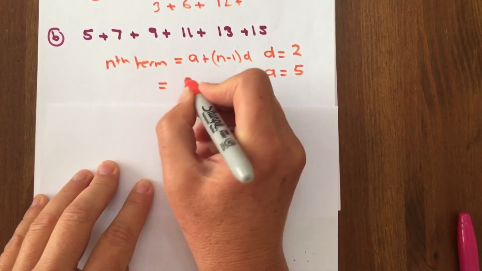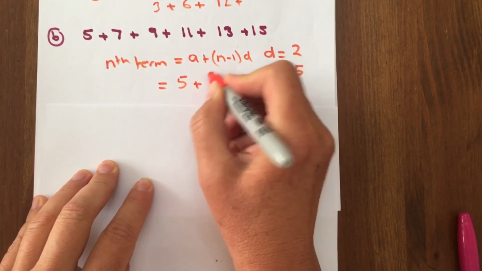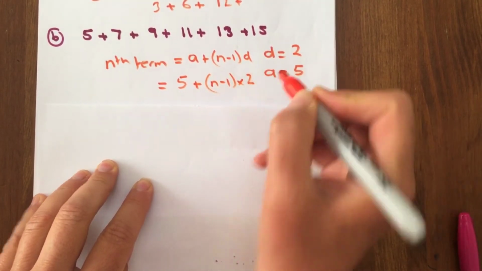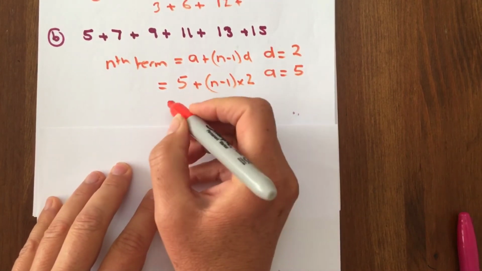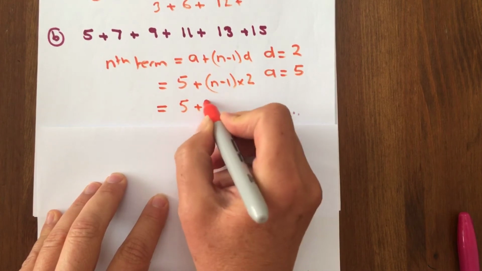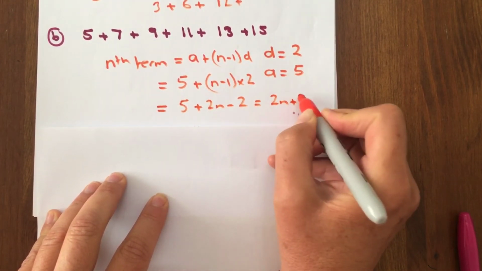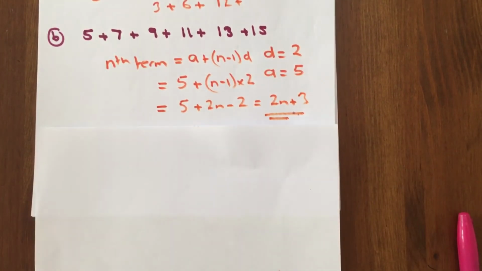So in this case, I've got 5 plus (n minus 1) times 2. If I rearrange this, I've got 5 plus 2n minus 2, or 2n plus 3. So that's the formula for the nth term.